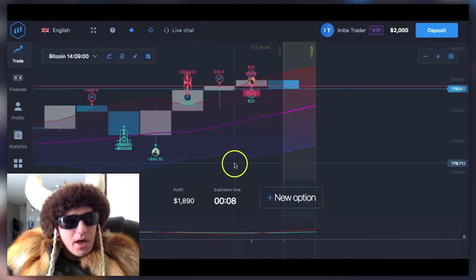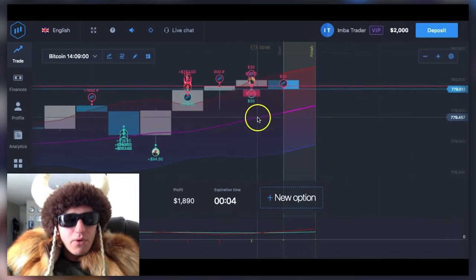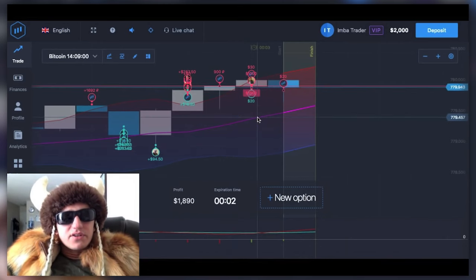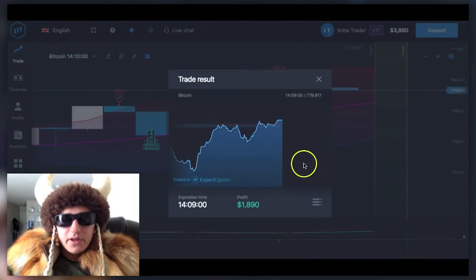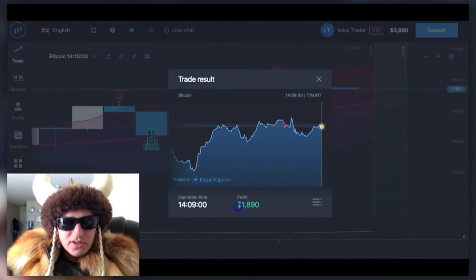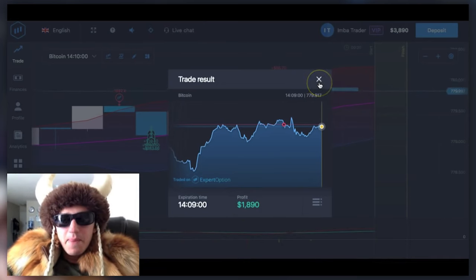So at the moment when it crossed the lower line, it is a good sign that we need to proceed with the call stake. And just like I told you, it was a really good binary options signal for us to proceed with the put stake.